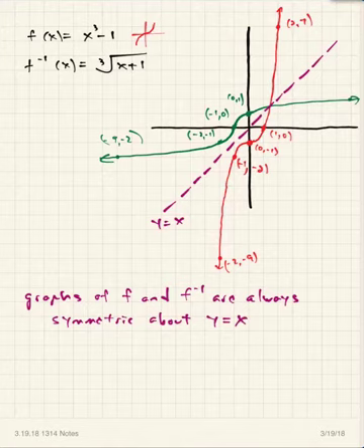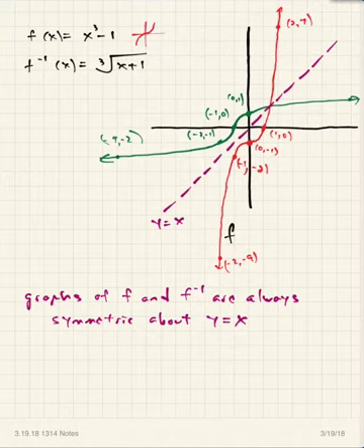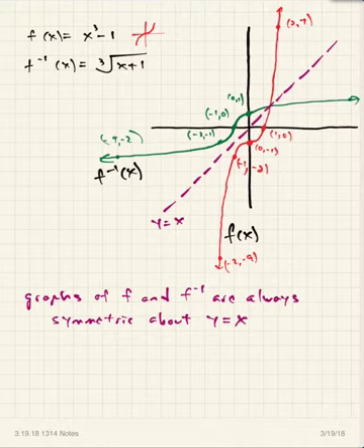So if you draw the line y equals x and you draw the two functions that are inverses of each other, you will always have symmetry around this line. This is the function f right here, and this is the function f inverse right here.